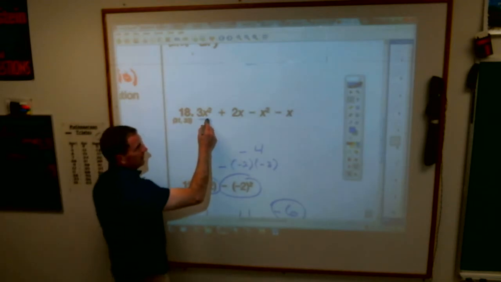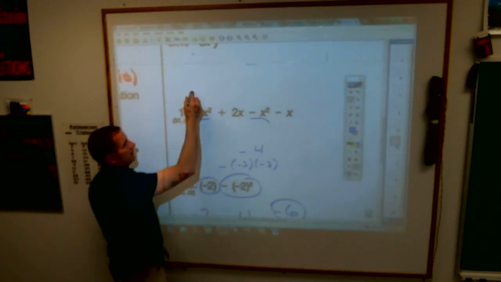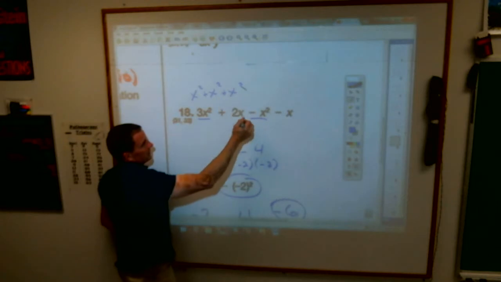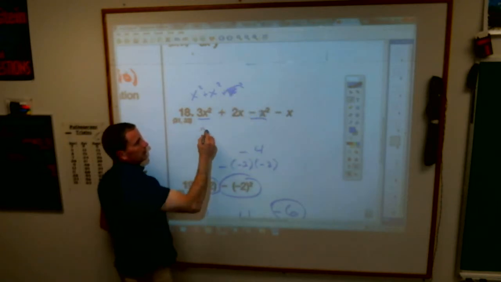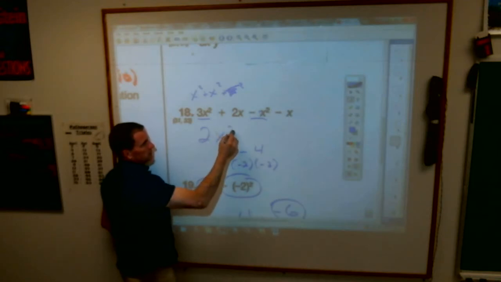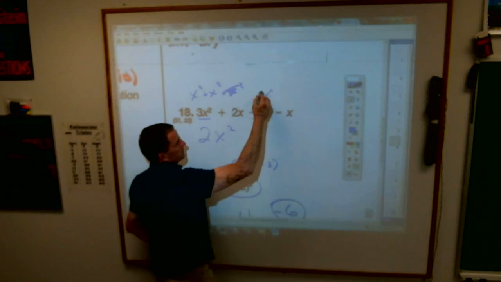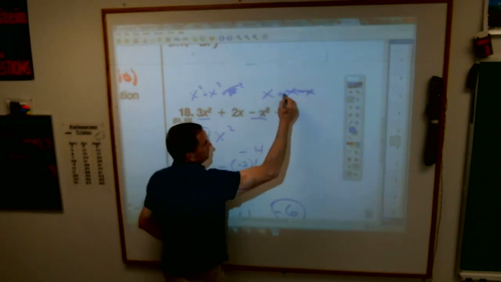Here I have 3x squareds, and I'm subtracting 1x squared. I have 3x squareds, and I am taking one of them away. What am I left with? 2x squareds. Here I have 2 x's, and I am taking one of them away.